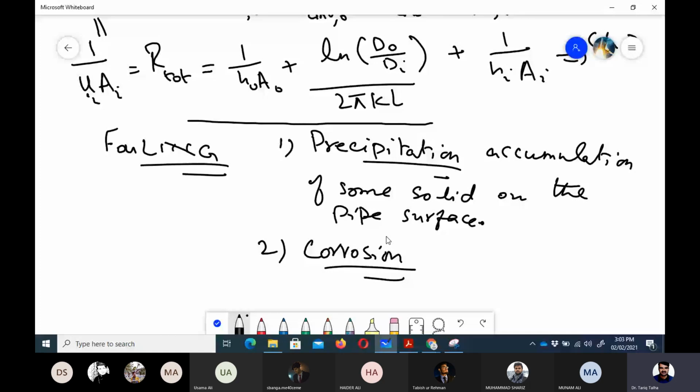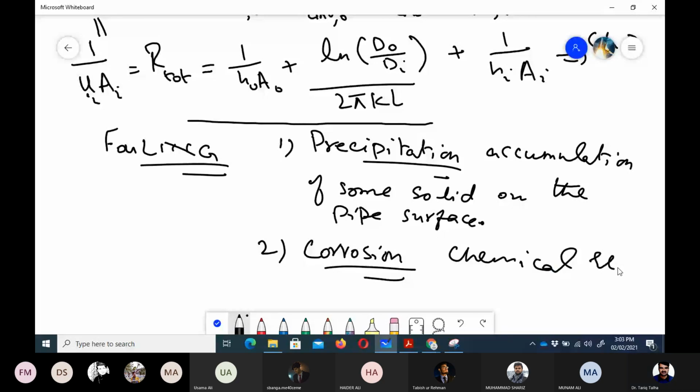It normally doesn't occur in the first couple of years, but rather when we have constant operation, due to chemical reaction. So this is due to chemical reaction.